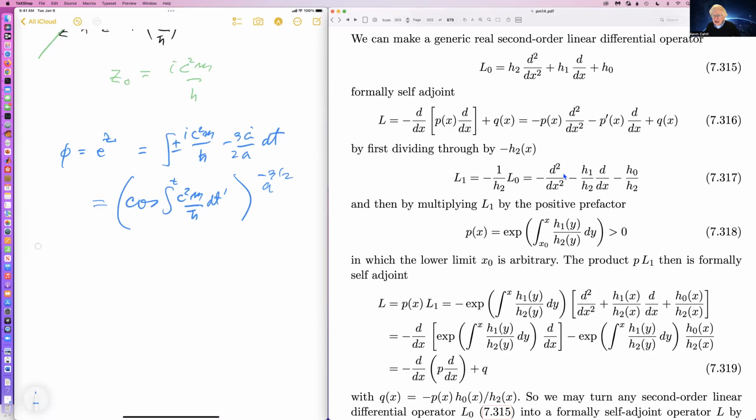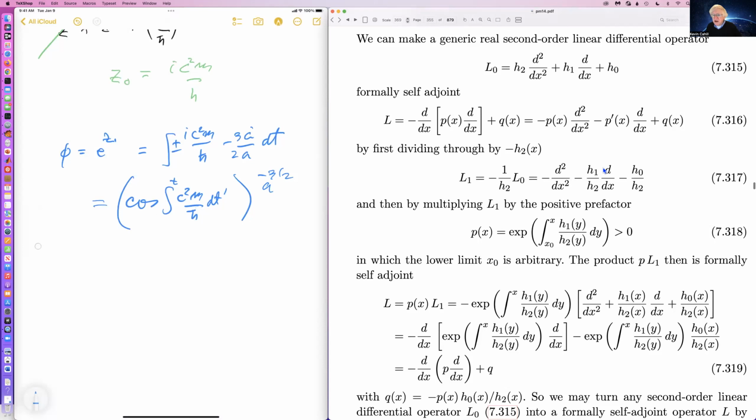So you divide by that, and then you get something of the form minus d2 dx squared plus minus h1 over h2 d by dx, and then minus h0 over h2. So you divide by minus h2. Then you multiply this by this prefactor, which is the exponential of the integral of h1 over h2, where h1 and h2 are these functions in the original L0.